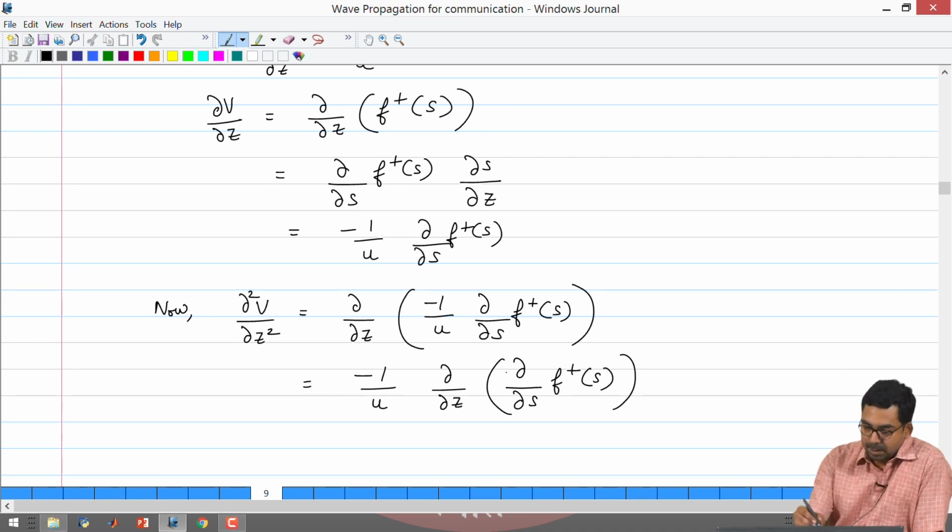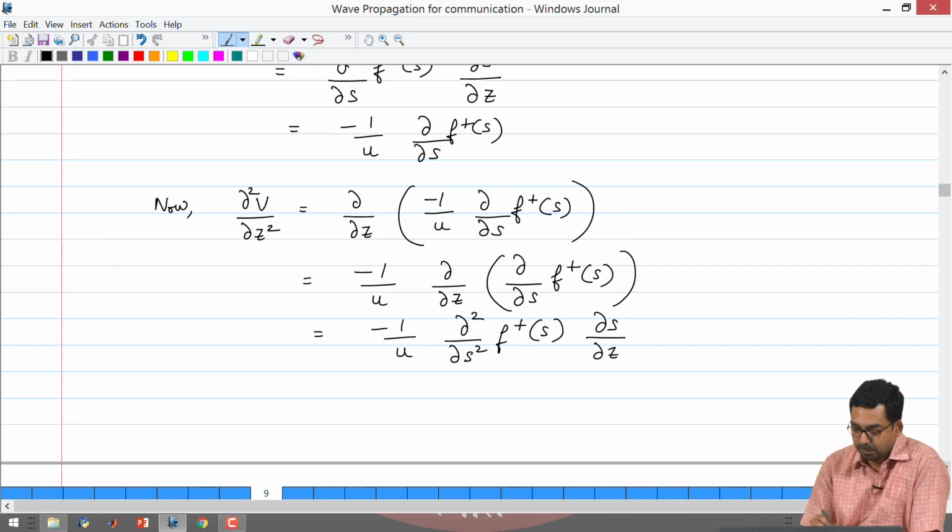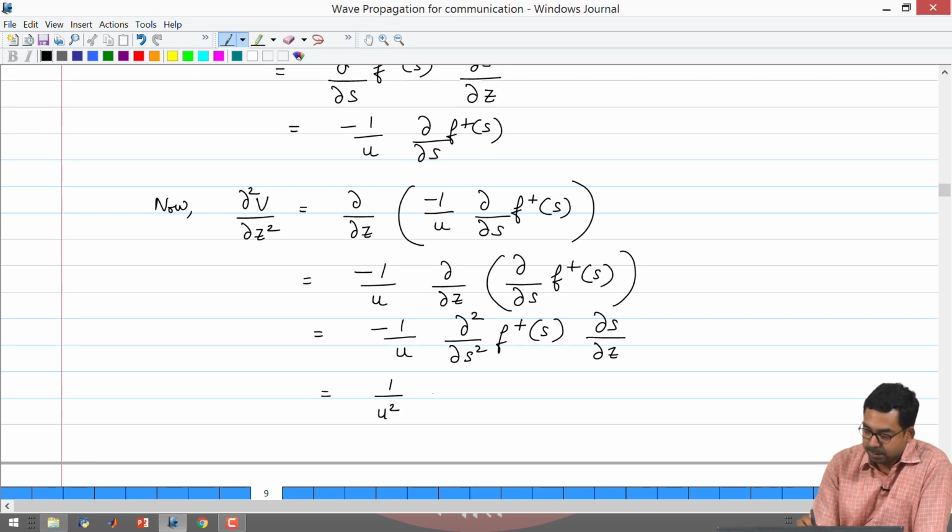The same technique that we applied for the first derivative, we can use the change of variables over here. We can write this down as minus 1 by u dou square by dou s square of f plus of s times dou s by dou z. And dou s by dou z is minus 1 by u. So, this becomes 1 by u square dou square by dou s square of f plus of s.